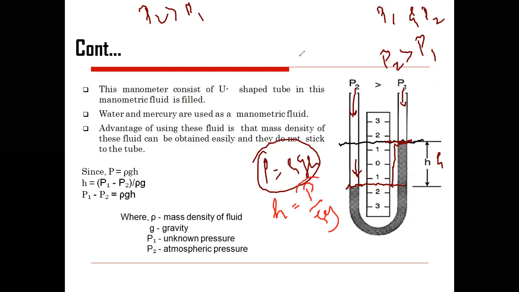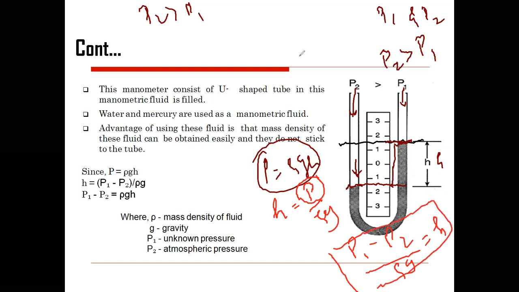But since I have two pressures, P1 minus P2 divided by rho g is nothing but my height.